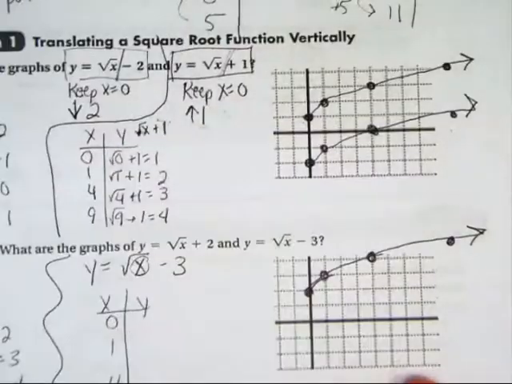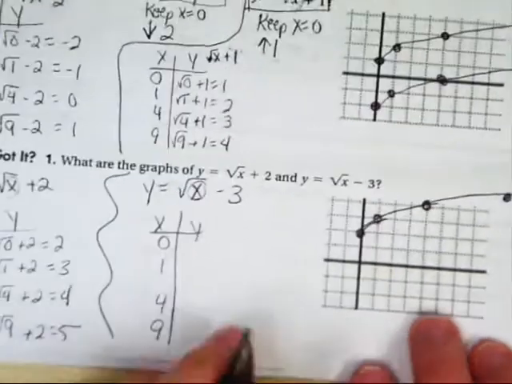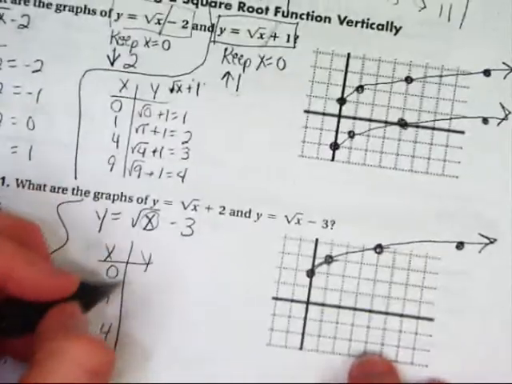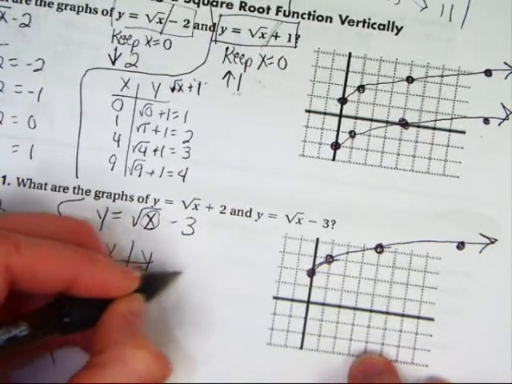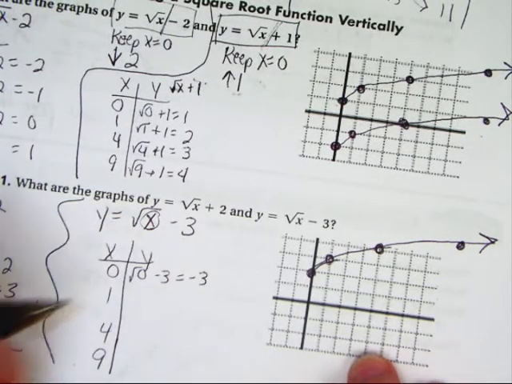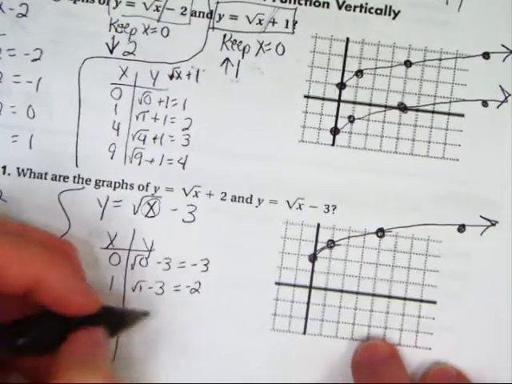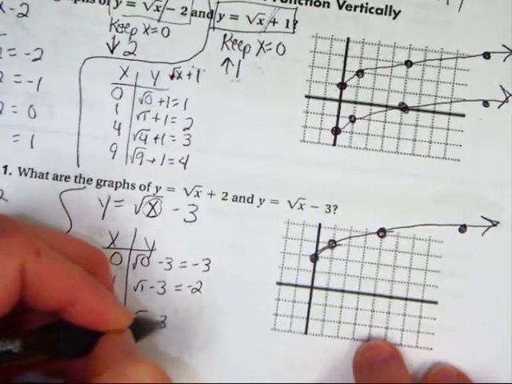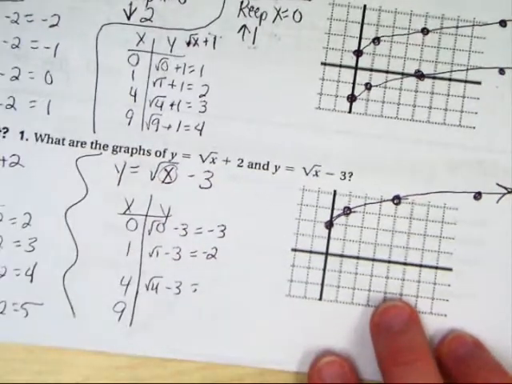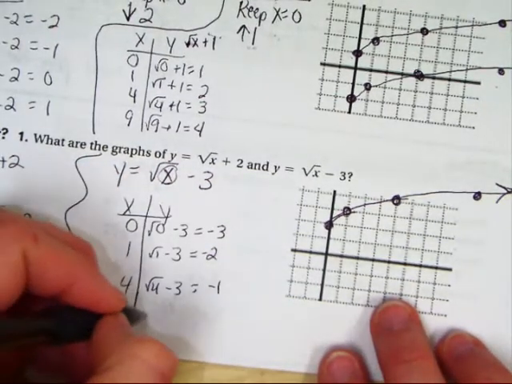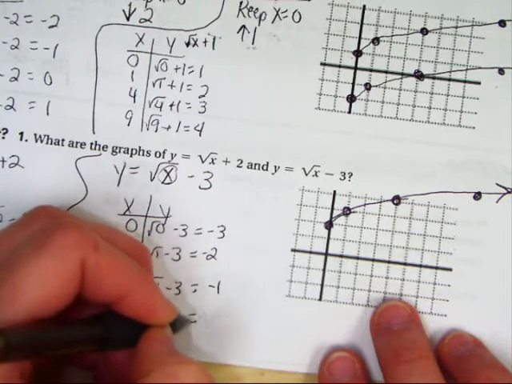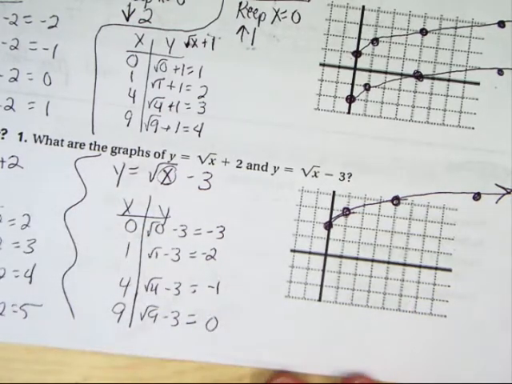Look how it takes like half the shape of a parabola. Let's do our other one. Square root of 0 minus 3 is negative 3. Square root of 1 minus 3 is negative 2. Square root of 4 minus 3, well, square root of 4 is 2, minus 3 is negative 1. Square root of 9 minus 3, well, that's 3 minus 3, which is 0. Let's plot our points. Notice it's just 3 units down.